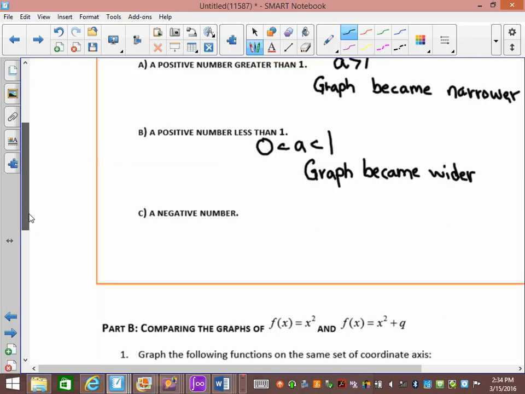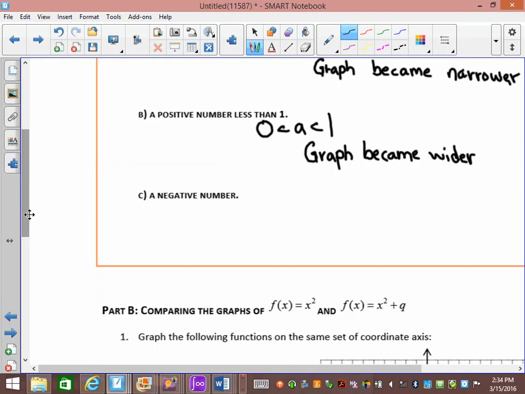So a negative number causes a reflection in the x-axis. If it's a negative fraction between 0 and 1, it's going to be a reflection in the x-axis and wider.